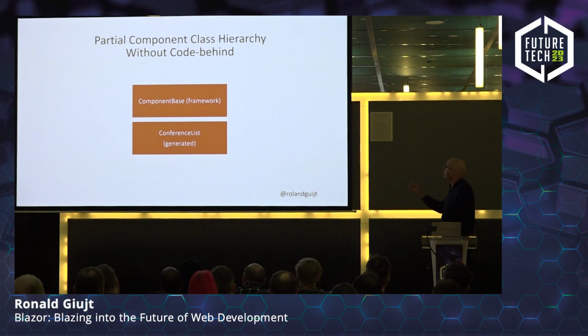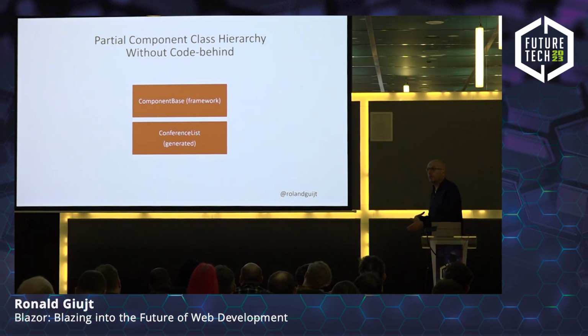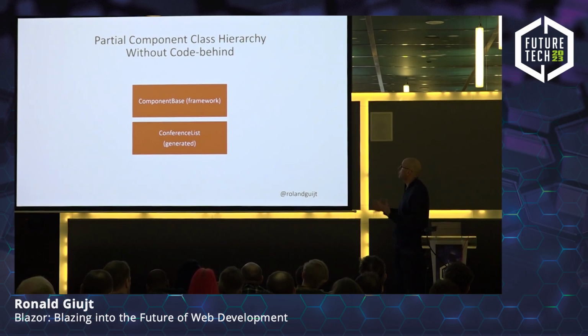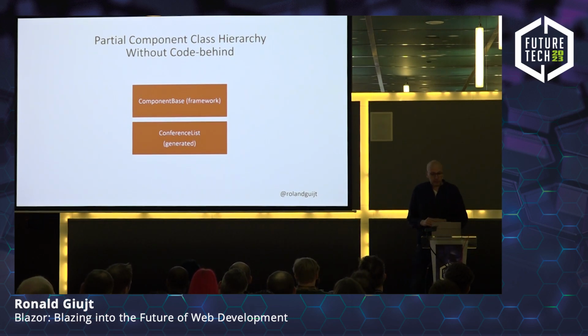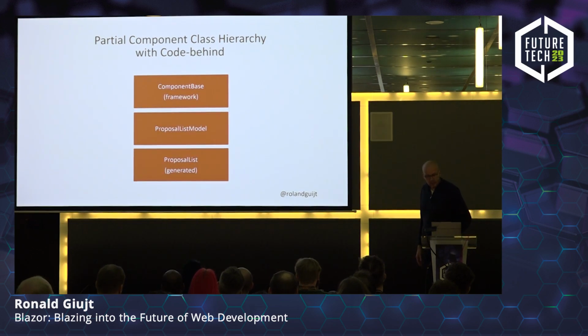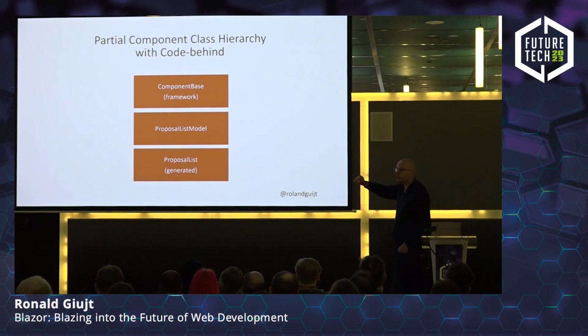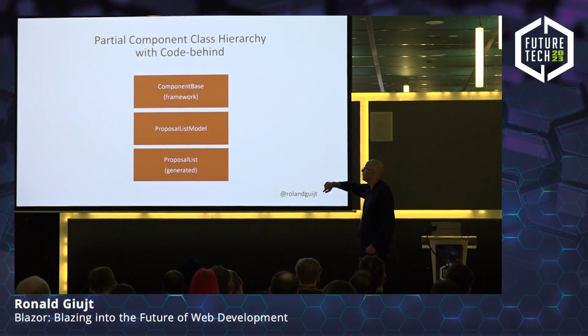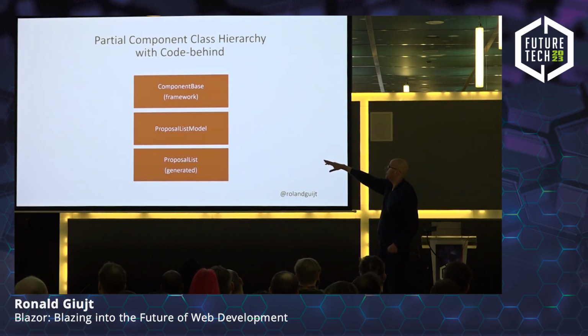If you use a code block, for example, for conference list, we have a generated class, and the generated class automatically derives from ComponentBase, which is part of the Blazor framework. And now we have a proposal list model. And we say proposal list is generated, but we have this directive, and we say, okay, derive from proposal list model, and that works as long as proposal list model derives from ComponentBase.